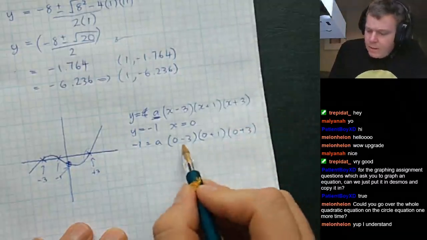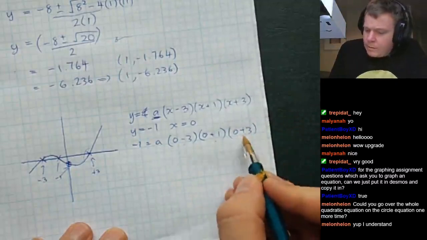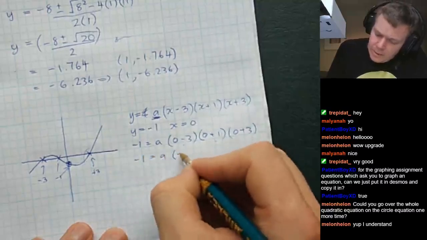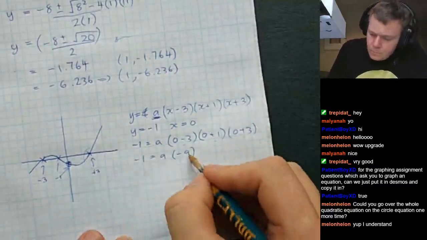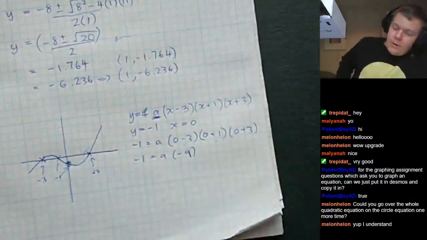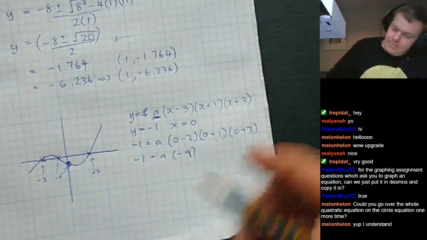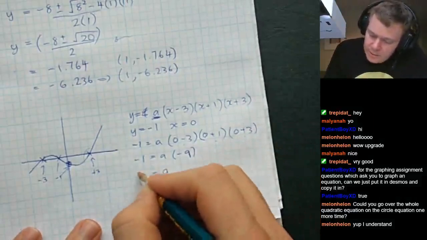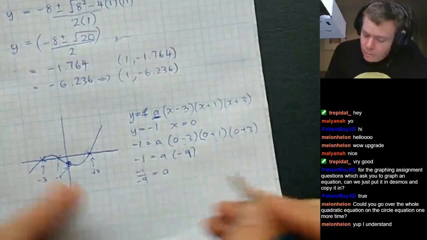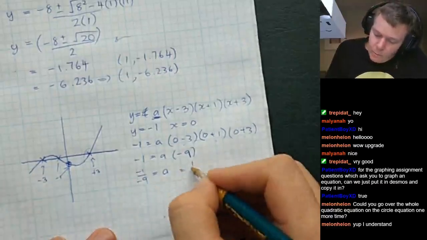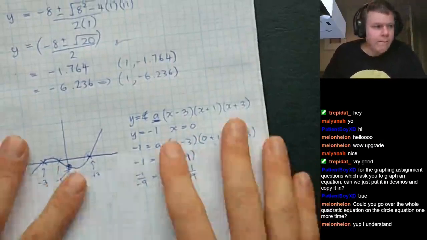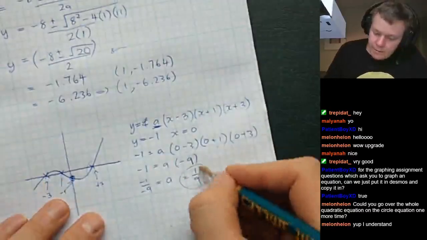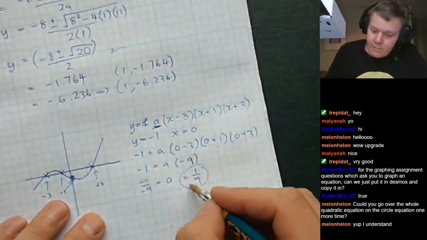So essentially -3 times 1 times 3 is going to be -9. Ugh, I hate -9s. They look like A's. Alright, so a is going to equal -1 divided by -9, or 1/9.